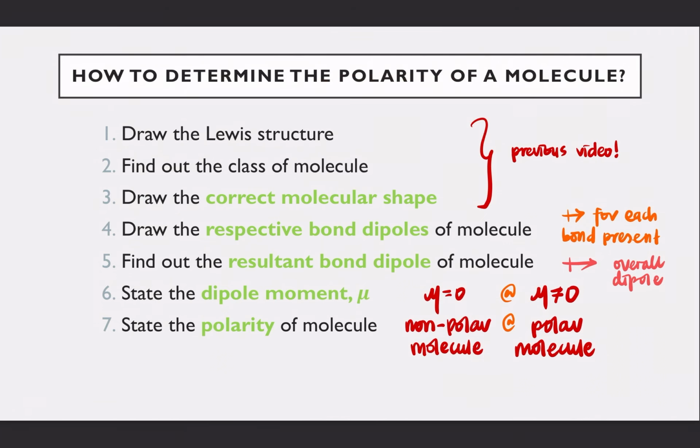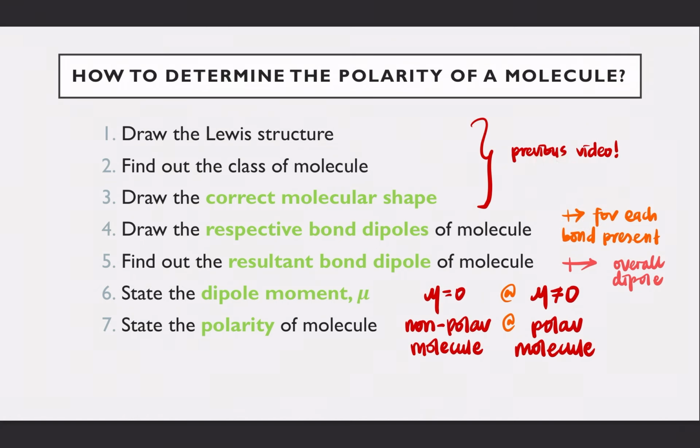Don't be afraid, because the first 3 steps are something you are supposed to have learned from the previous video, where you already predict the correct molecular shape. Once you have the molecular shape, you are going to draw your respective bond dipoles. For each bond, you draw the bond dipole arrow.